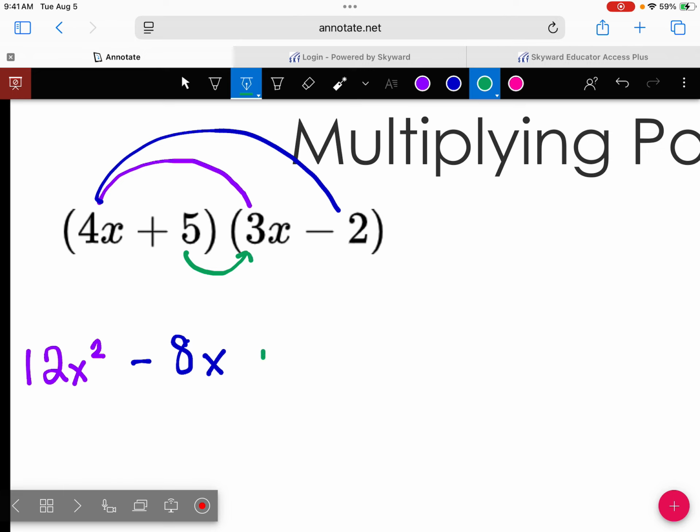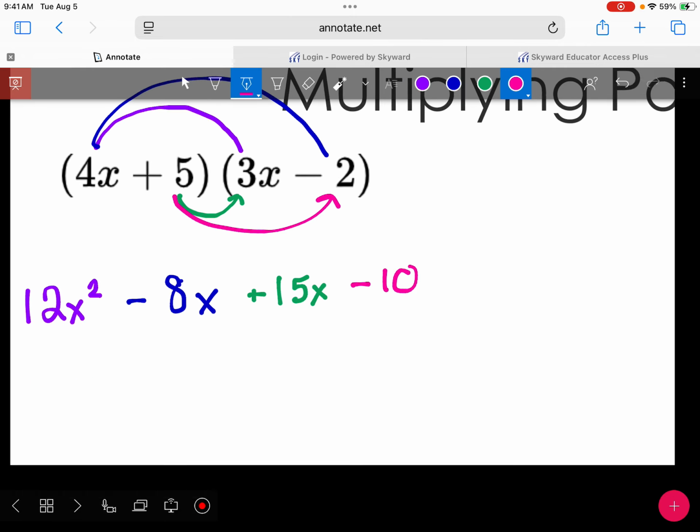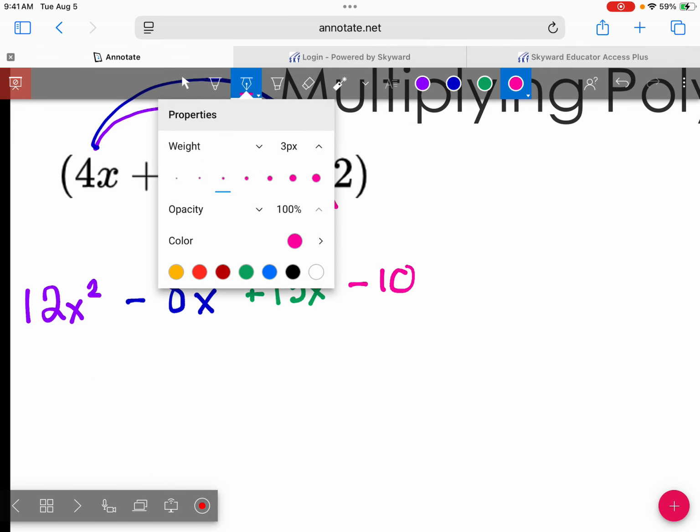Are we solving for the x's? We are not, because we don't actually have an equals sign on this, so we don't have a way to get a solution. We just have an expression here. So we're not solving it, we're just manipulating it around. We've got our 15x, and we've got our 5 times the minus 2, giving us a minus 10. And then we're going to combine our like terms to get our answer.